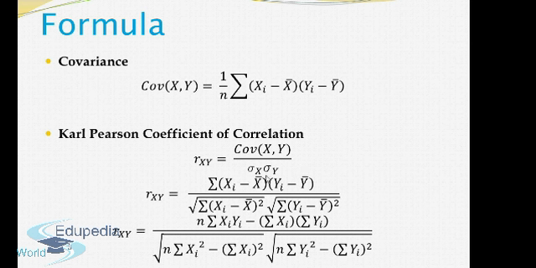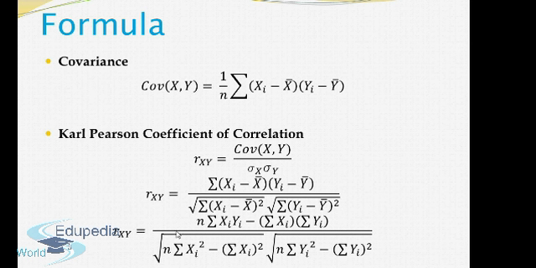This is the basic form. When we expand the formula and put it together, we get the form summation (xi minus x bar)(yi minus y bar) divided by root under summation (xi minus x bar) square times root under summation (yi minus y bar) square.